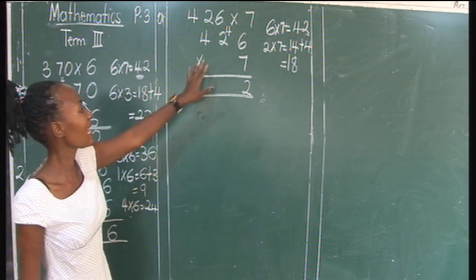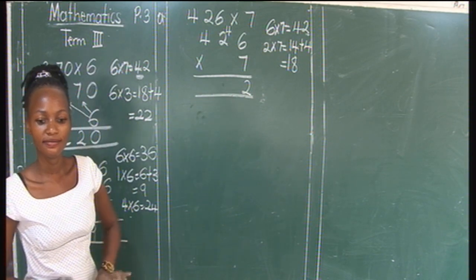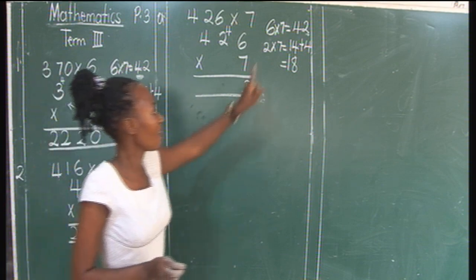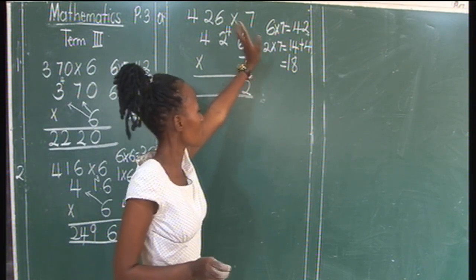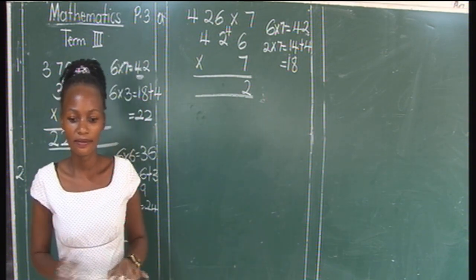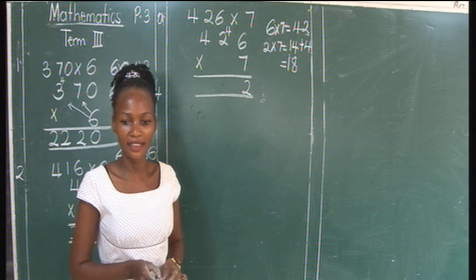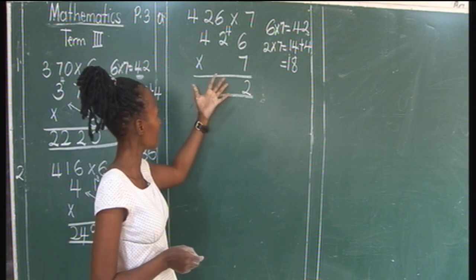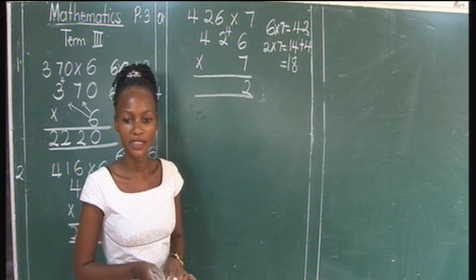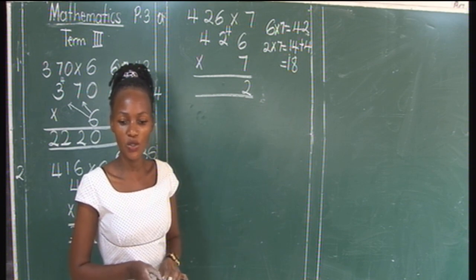Still, we shall not put that 18 here. What are we going to do? Now what should I do to that number 18? Should I just put 18 here? No. Who can tell me what we are supposed to do?